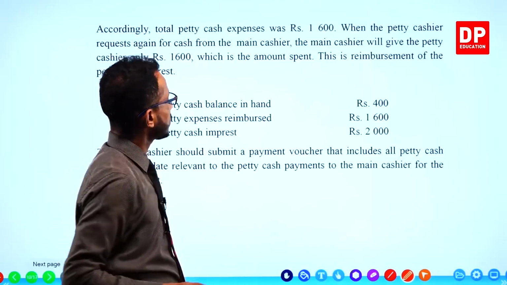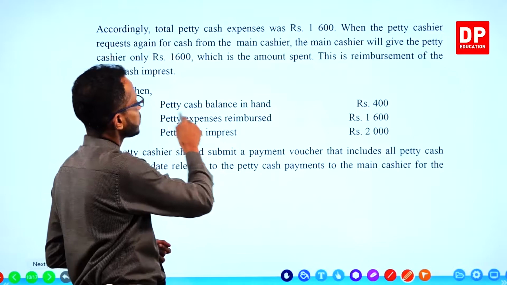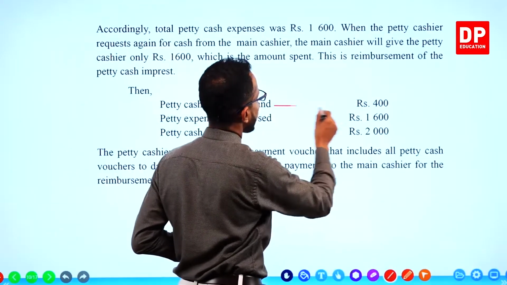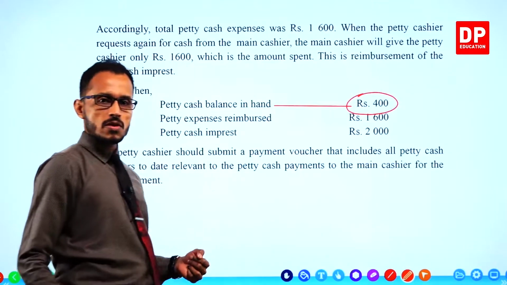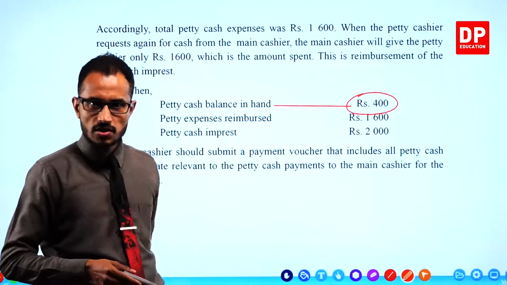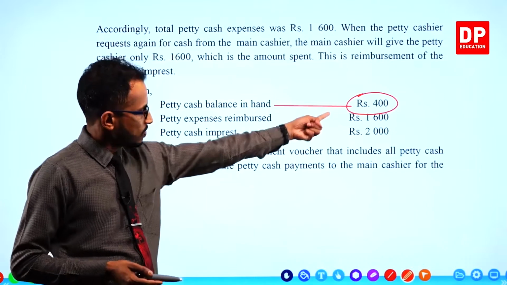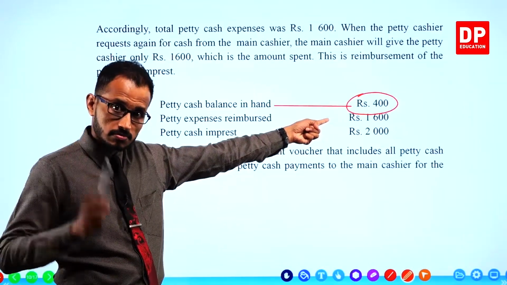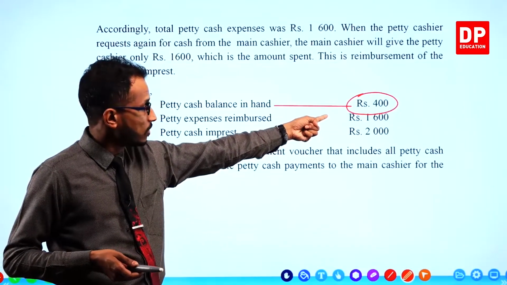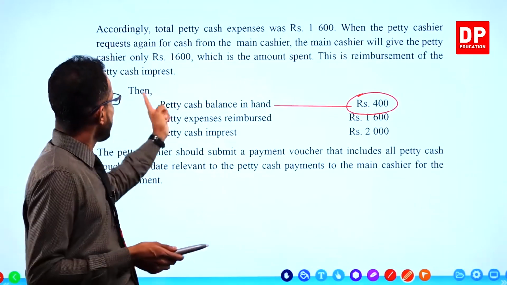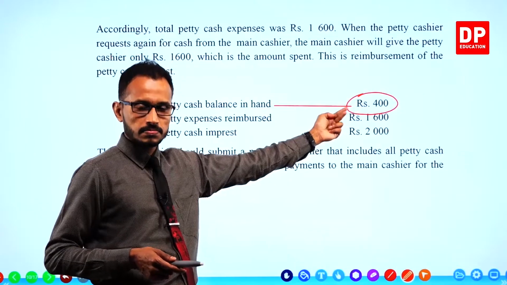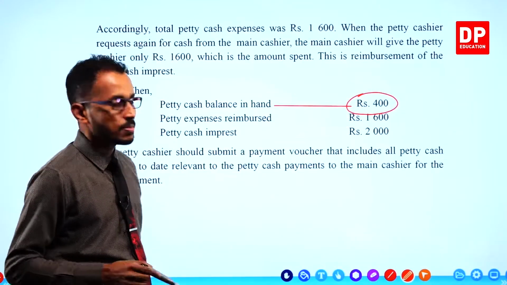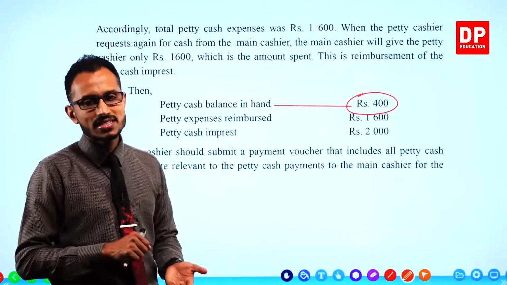The balance of petty cash is 400. There you go. Here we are. We got the answer. In the previous slide, we got this answer. That is the petty cash balance in hand. That is the remaining cash balance at the end of the month.